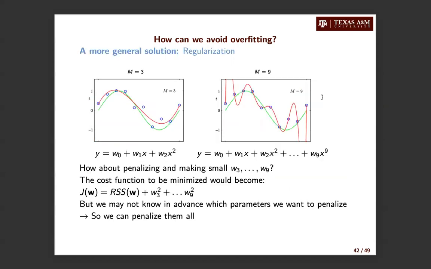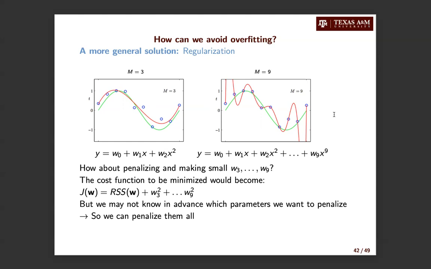A more systematic way to approach overfitting is through regularization. Essentially, we want to penalize model parameters, in this case weights of our regression models, that have an arbitrarily large magnitude. However, in practice, we do not know which parameters of the model we need to penalize.